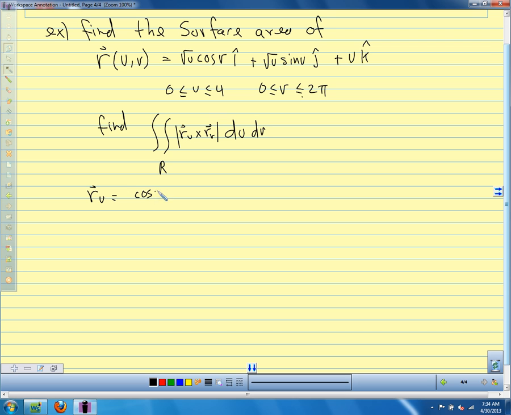Cosine v over 2 square root u i hat plus sine v over 2 square root u j hat plus k hat.